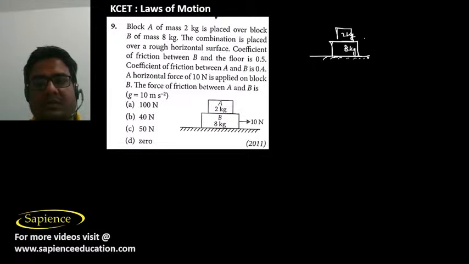The coefficient of friction between block B and the floor is 0.5, say mu1. The coefficient of friction between blocks A and B, say mu2, is 0.4. A horizontal force of 10 Newton is applied on block B. The force of friction between A and B is?